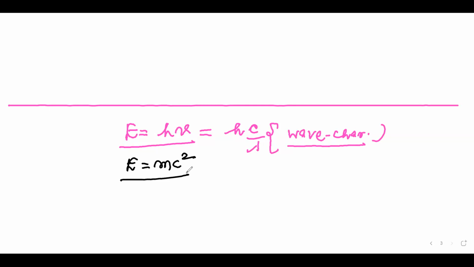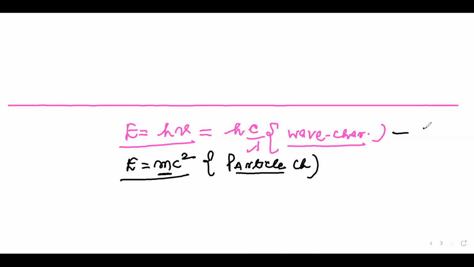Have you heard about it? Yes, sir. What do we call this equation? It is Einstein's mass-energy relation. And as mass is being talked about here, it is talking about the particle.